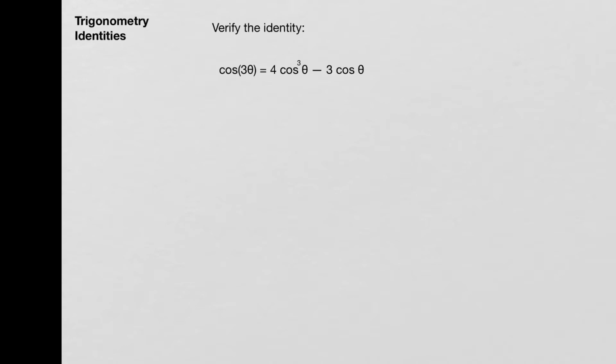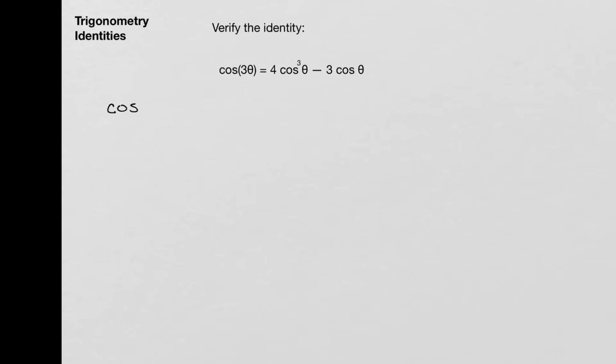But if I was trying to take the right-hand side and somehow combine it together to make a cosine 3 theta formula, I don't have a formula for cosine 3 theta, so I wouldn't be able to get it to something that was going to then say, okay, so then that's equal to cosine 3 theta. So that's how I know how to start.